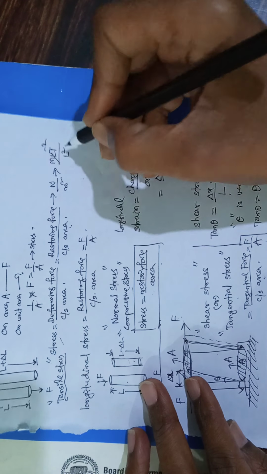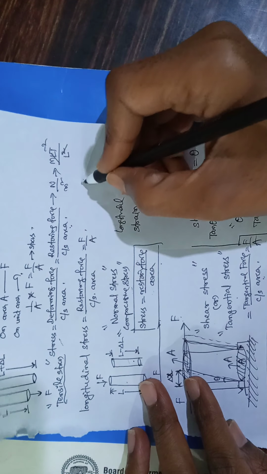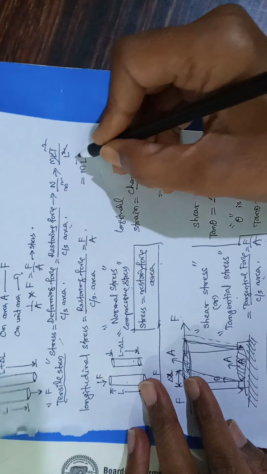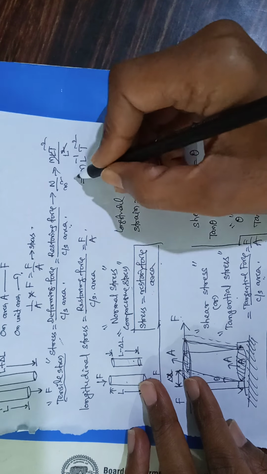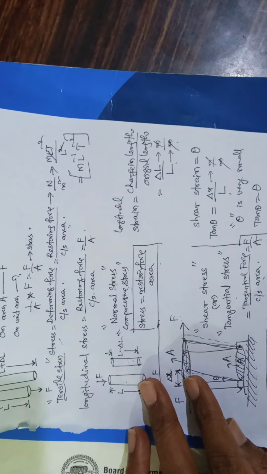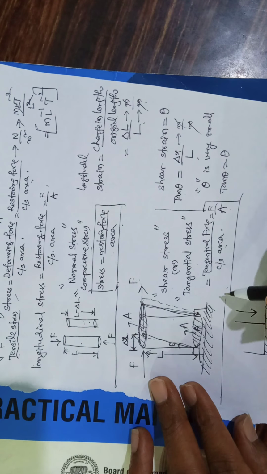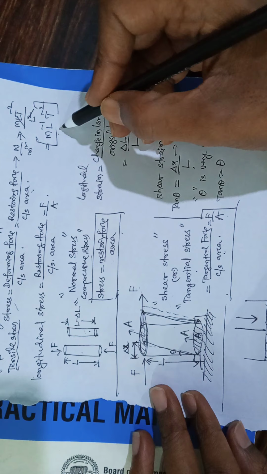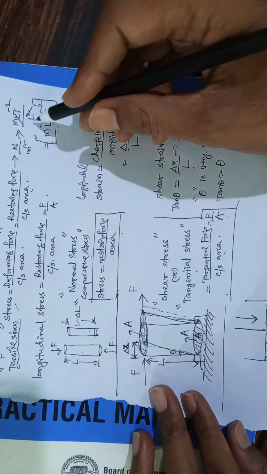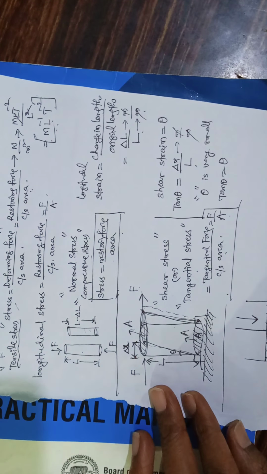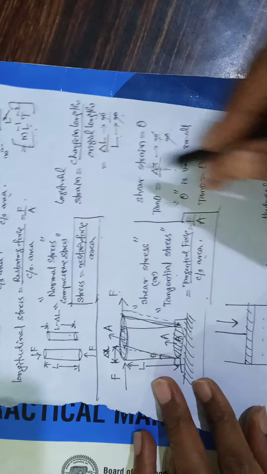So here one length gets cancelled. So that you get M L power minus 1 T power minus 2. So for any type of stress you have common dimensional formula, that is M L power minus 1 T power minus 2.